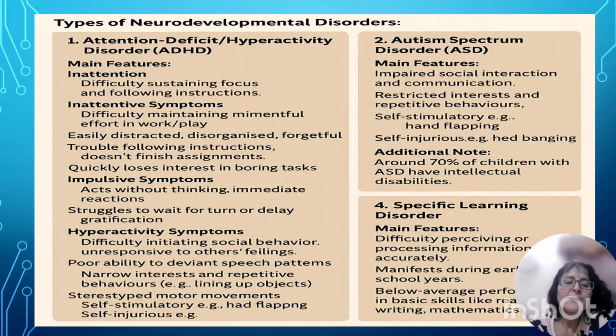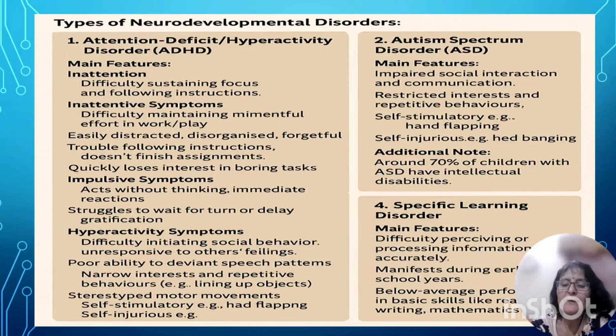And then the hyperactivity symptoms: difficulty in initiating social behavior, they will not come and mix with the other children. They are unresponsive to feelings, have poor ability to deviate speech pattern, and narrow interest or repetitive behavior, that is lining up objects for a long time, or hand flapping is also seen.